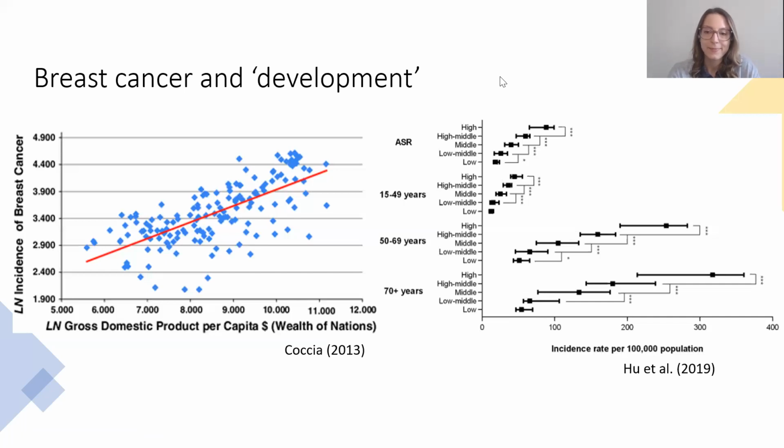Any other ideas? Higher use of oral contraceptives, interesting. Less screening for breast cancer. Yeah, so definitely a factor. Maybe more developed nations import most of their foods. Yeah, so again, related to diet.